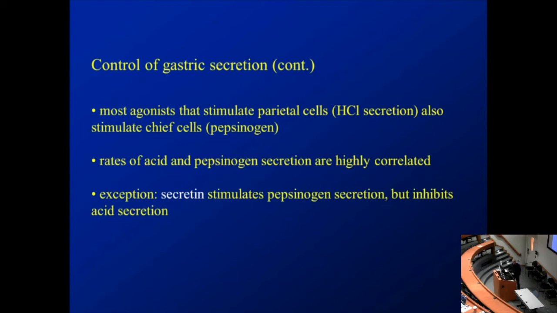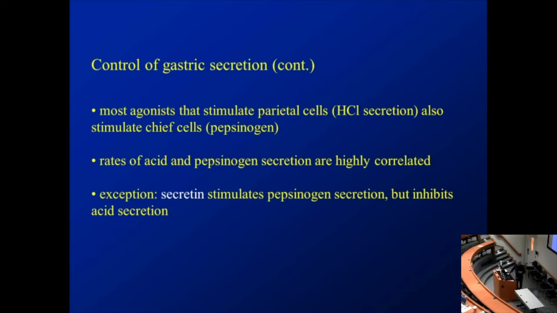So most of the agonists or the mechanisms that stimulate the gastric secretions affect both parietal cells and therefore acid secretion, and also the chief cells, which mainly are responsible for the release of pepsinogen. So the rates of the secretion of acid and pepsinogen are fairly well correlated.